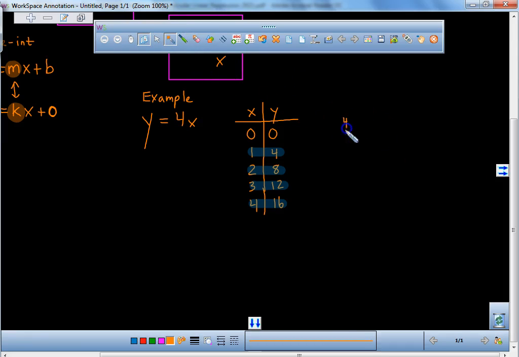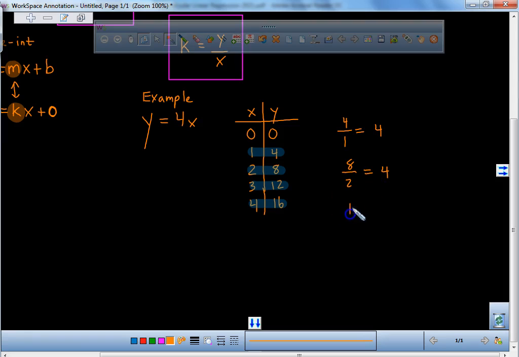What is 4 divided by 1 equal to? What is 8 divided by 2 equal to? So this is where you should see a pattern in a direct variation equation. What do you get when you take the y value and divide it by your x value every single time?